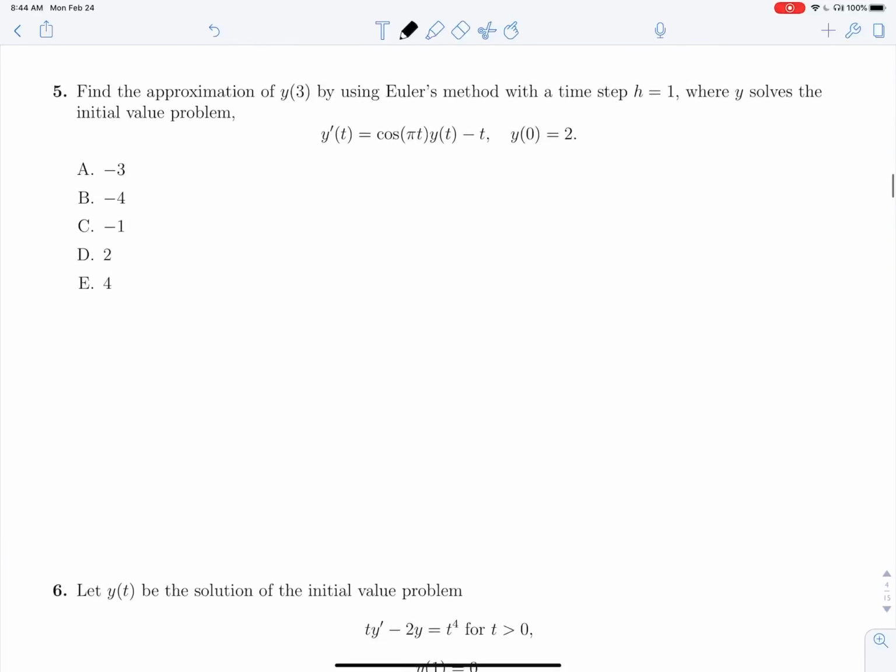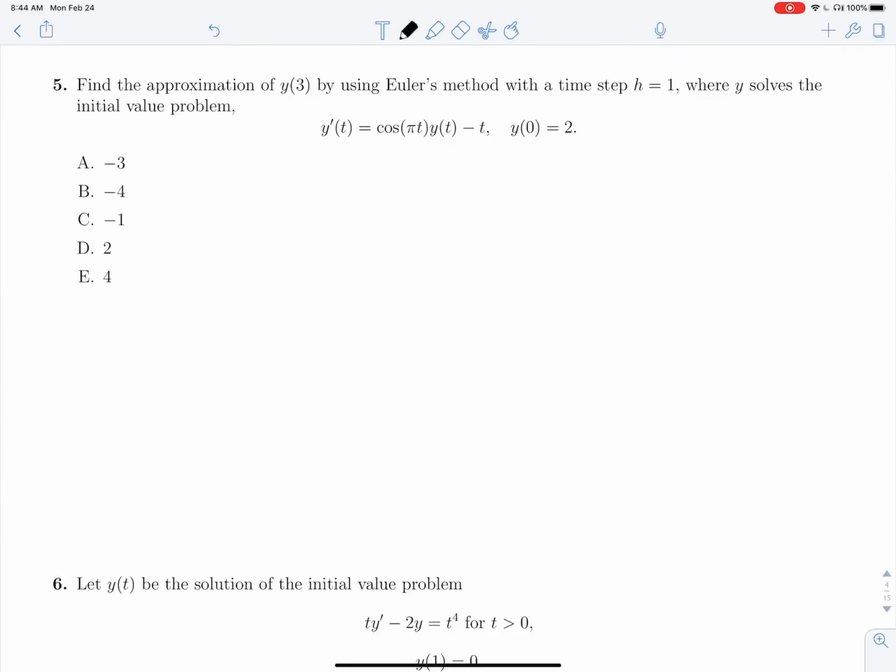Question 5, let's find the approximation of y at 3 using Euler's method with a step size of h equals 1. And it looks like we're starting at t is equal to 0, and we're told that that initial y value is 2. So our approximation of y of 1 is approximately 2 plus our step size, which is 1, multiplied by y prime evaluated at our current initial condition here.